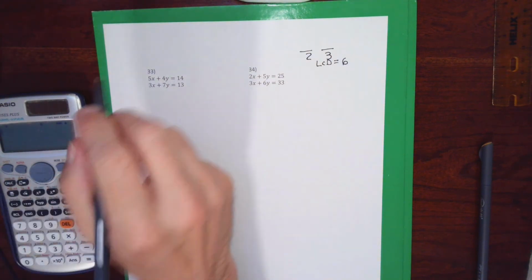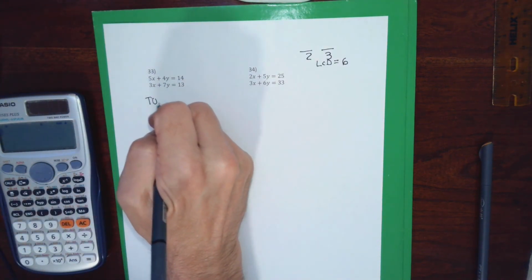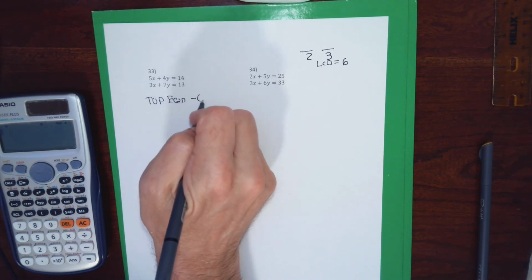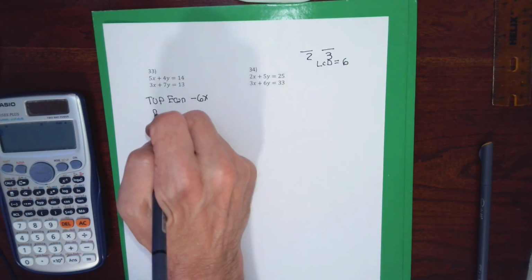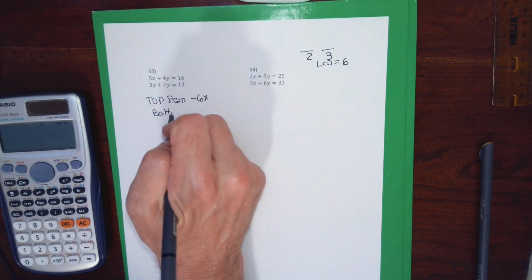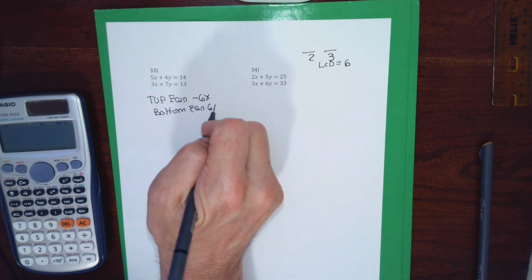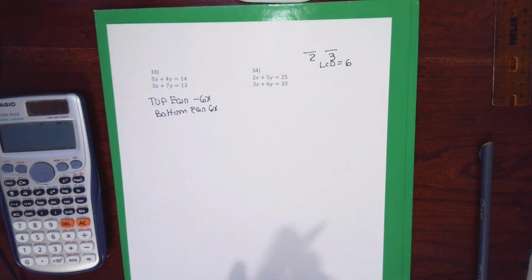What I'm going to do is make the top equation have a negative 6 in front of the x. And I'm going to make the bottom equation have a positive 6. I need to get opposites for my coefficient. Same number, opposite signs.